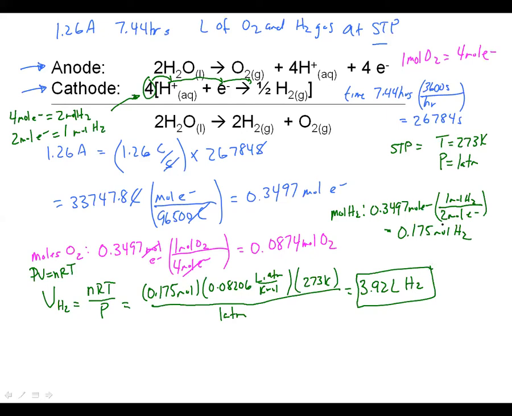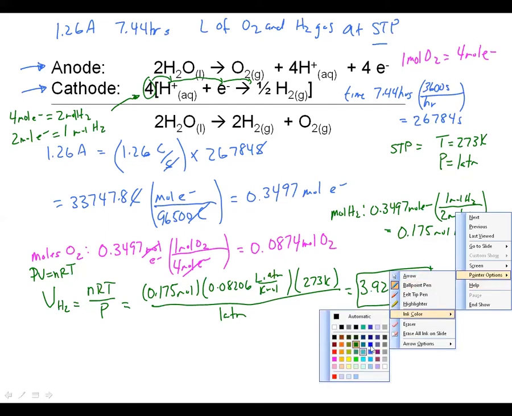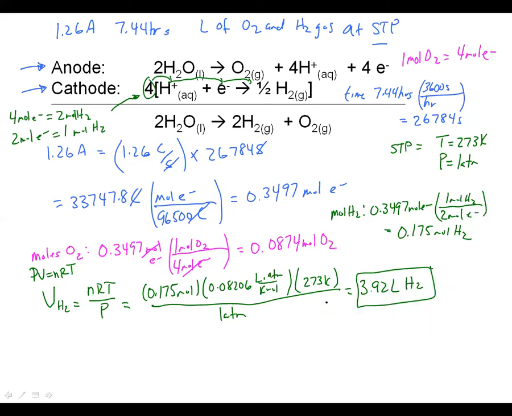Now, that is the hydrogen gas. We could do the exact same calculation for the oxygen gas, but we also don't necessarily have to use the ideal gas law in this particular case. That is because, if you remember, at STP, 1 mole of a gas is 22.414 liters. So you actually could use that for both of them.